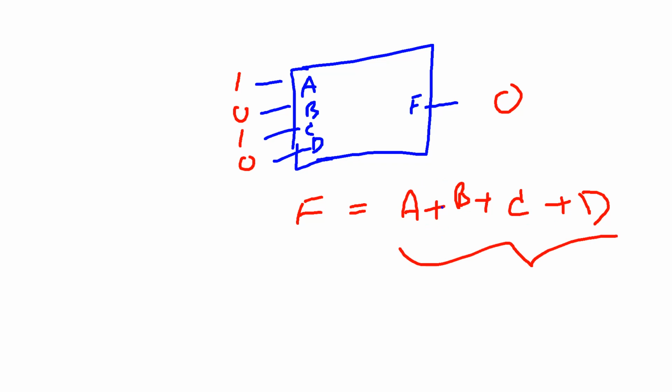After that, for the function to be 0, all of these variables must be 0 in this position. But you want the function to be 0 when A is 1, so A must be inverted. B is already 0. C must be inverted, to change 1 to 0. And D is already 0. So that's all. The max term is A prime plus B plus C prime plus D.